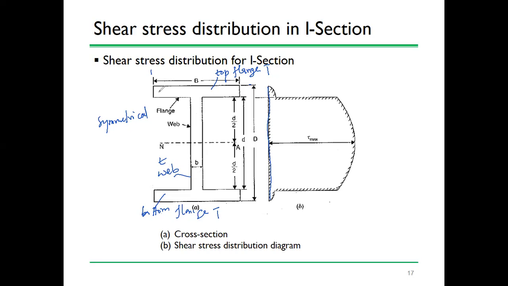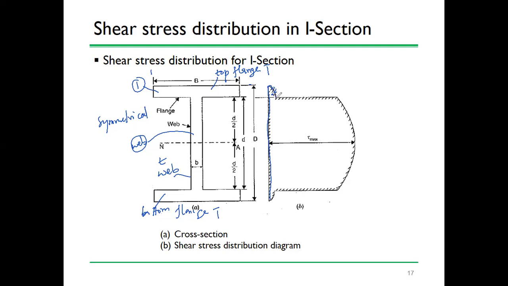Now, because of the nature of the section, we are going to deal with this separately. We'll consider variation in the flange, and we'll also consider variation in the web separately, so that we can get our formulas easily. So when you calculate your shear stress in the flange, you plot.